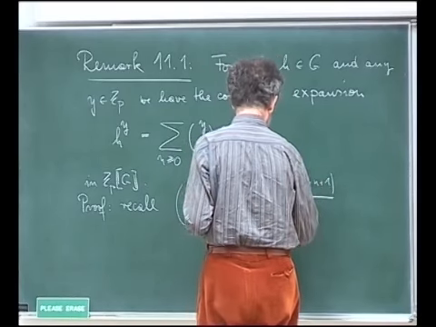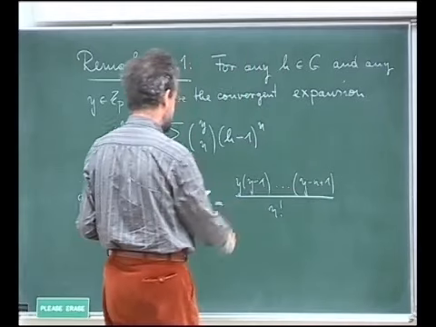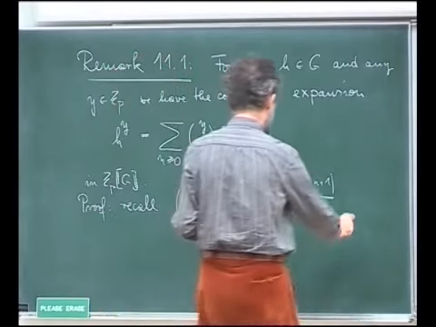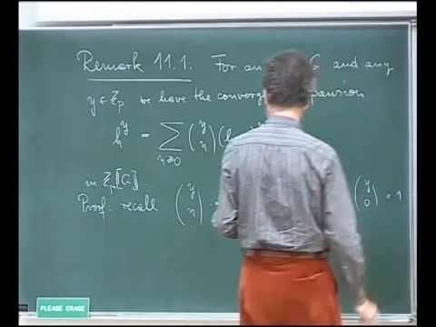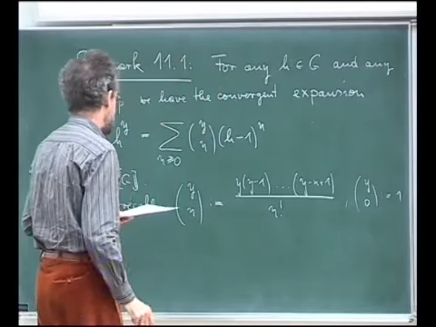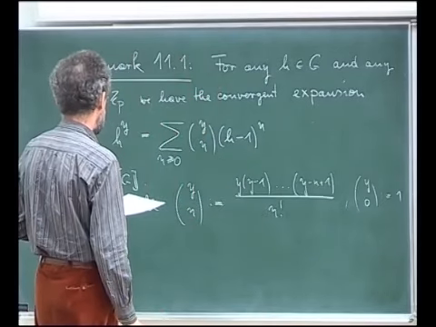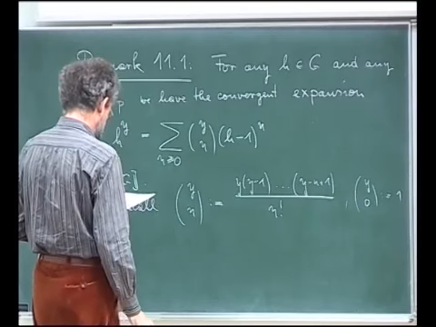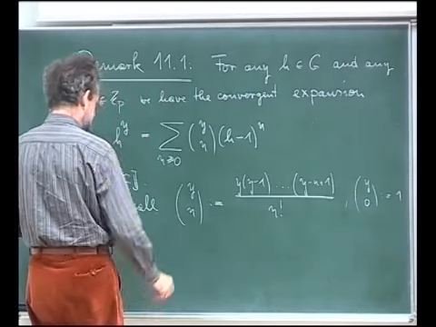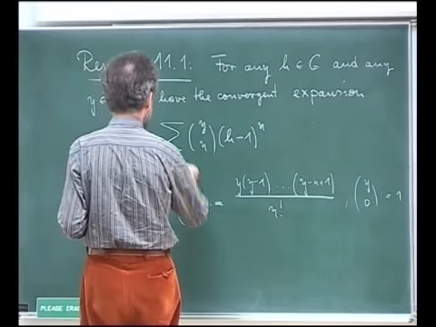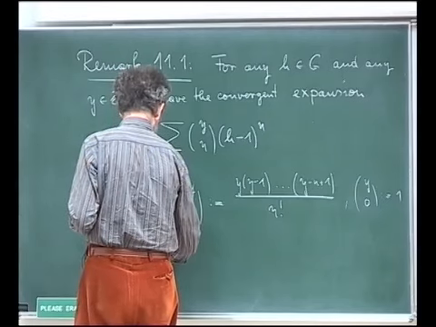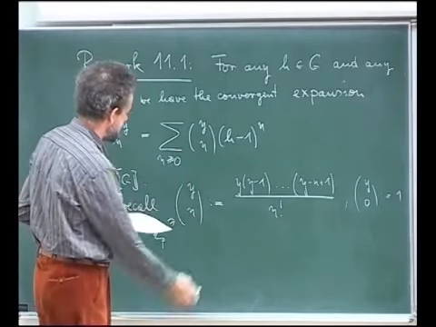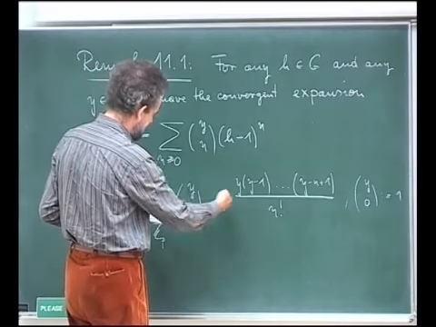It's always defined to be y times y minus 1 and so on, divided by n factorial. Just the naive definition, written down in a formal way. And this makes sense in many different contexts. And formally, y choose 0 is defined to be 1.